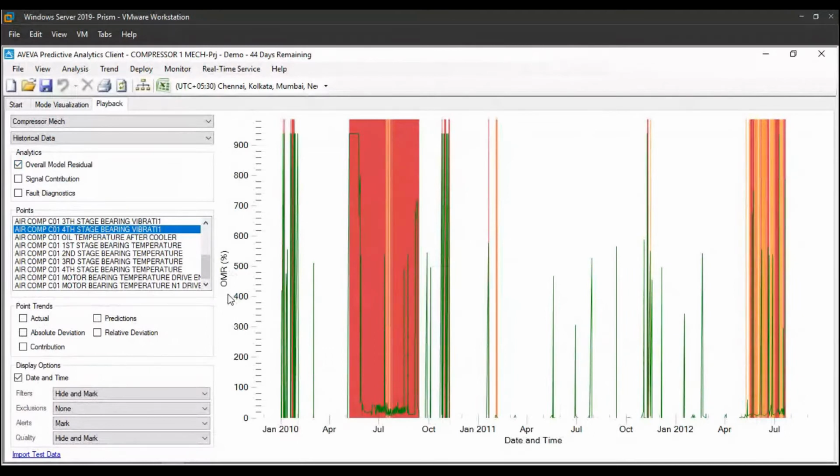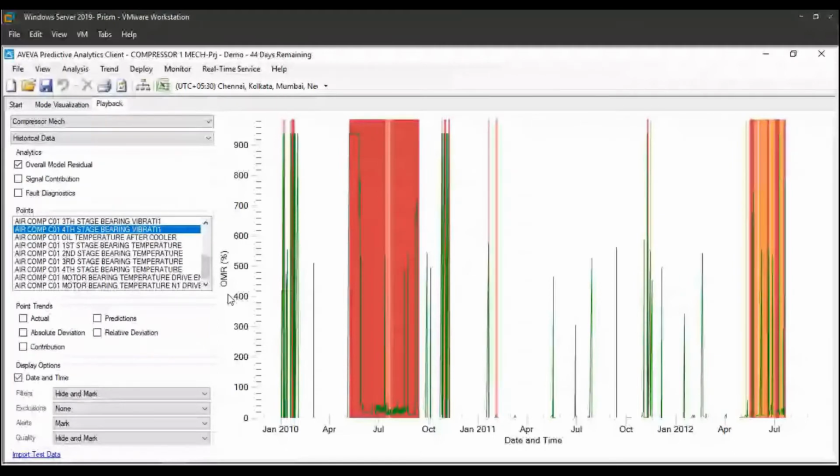Now to explain what OMR is, like I explained earlier, every single variable in real time will deviate somewhat from its ideal situation. If I combine all those deviations together, I can combine them into a single variable, and that single variable is OMR. It stands for overall model residual. An overall model residual is an indication of what the health of my equipment is.